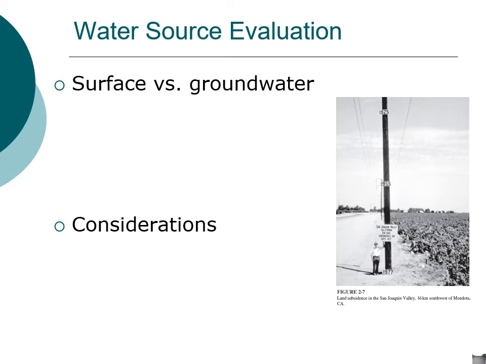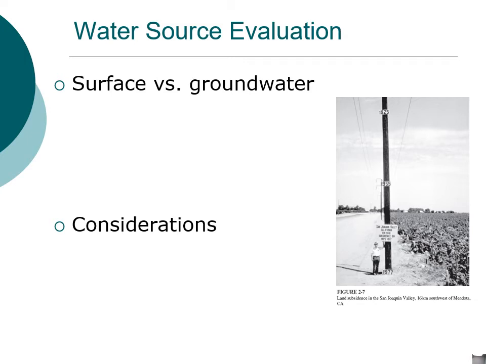On the other hand, the number of groundwater systems in the US is actually about 10 times the number of surface water systems. The reason is that your larger population areas, your larger cities, tend to be served by surface water systems, whereas your smaller population areas, your more rural areas, are served by groundwater.